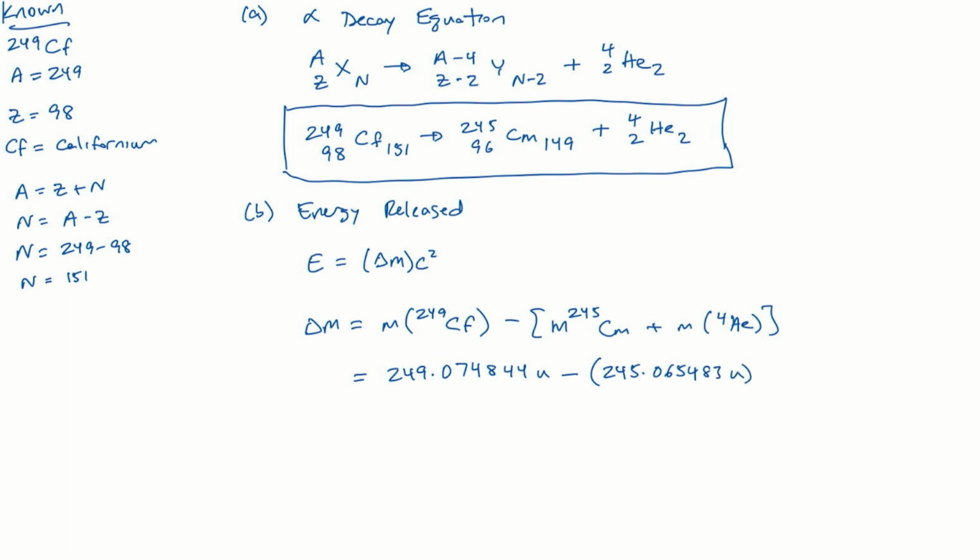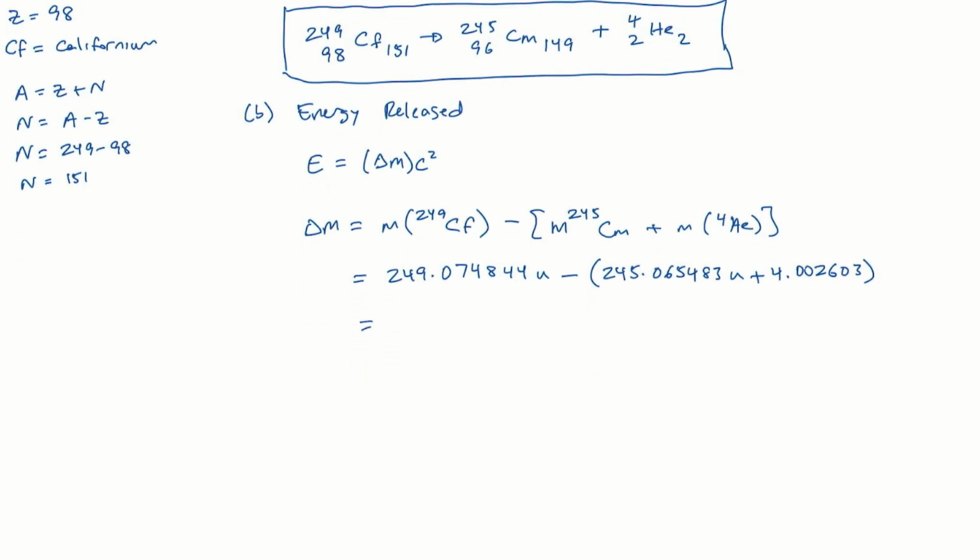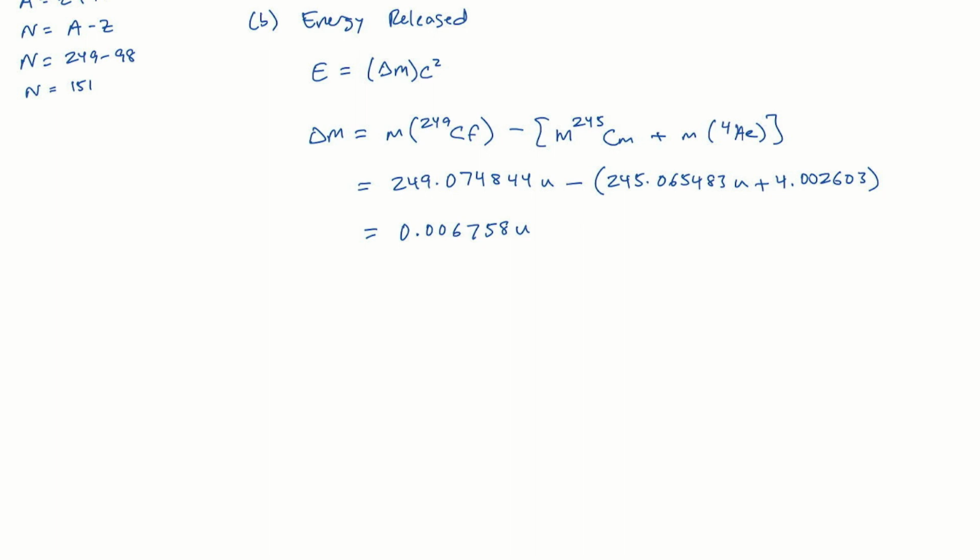And then we need to add in the helium, 4.002603. All right, so I calculated this and I got 0.006758 atomic mass units.